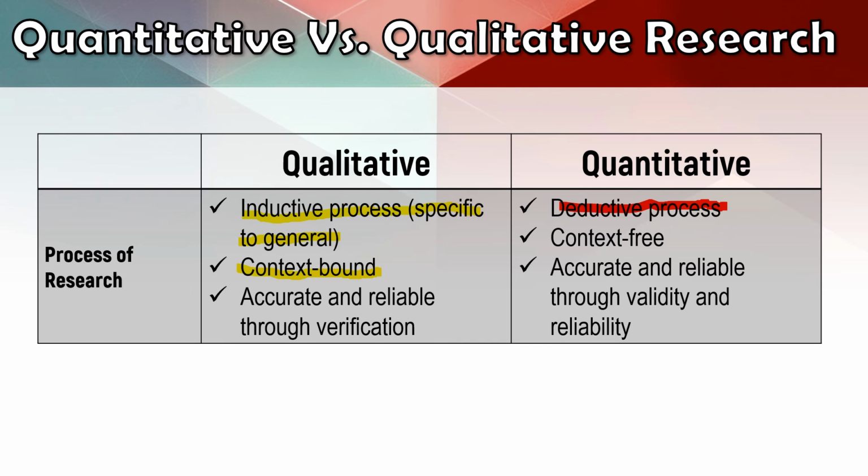Unlike with quantitative research, it is context free. When we say context free, wherever you go, it will be applicable. For example, the percentage of effectiveness of using surgical masks to protect yourself from COVID-19.